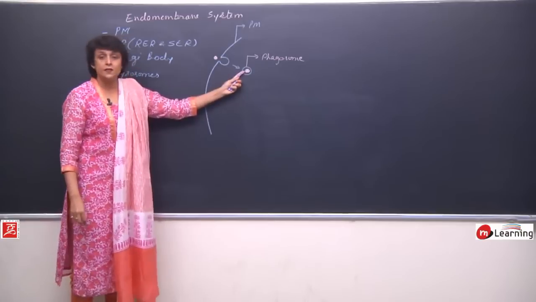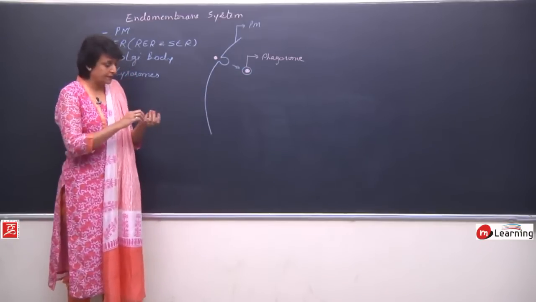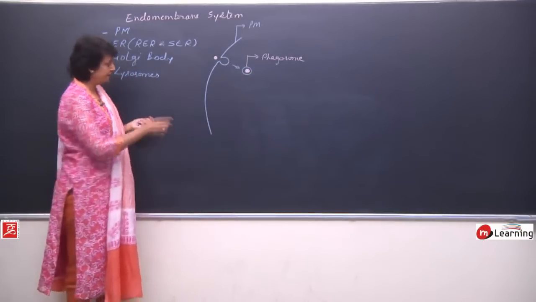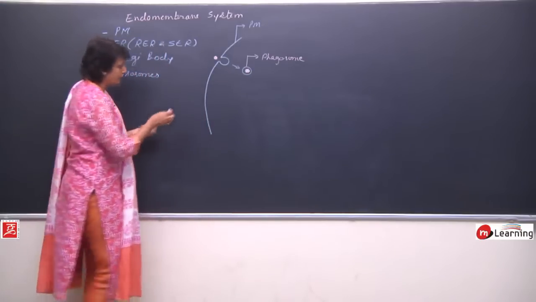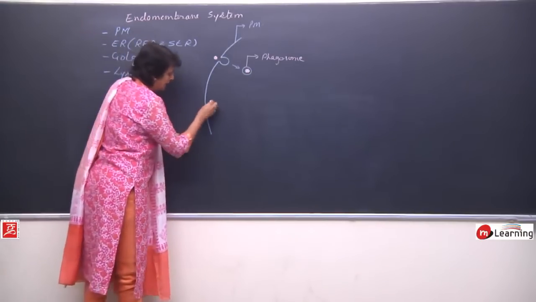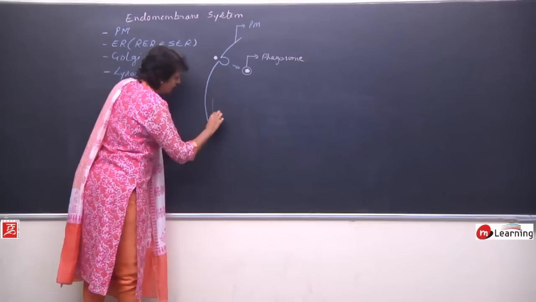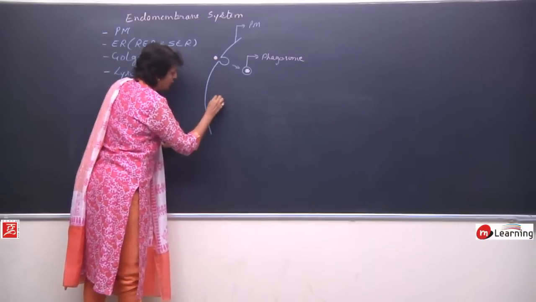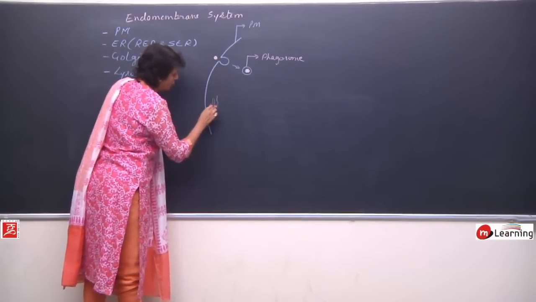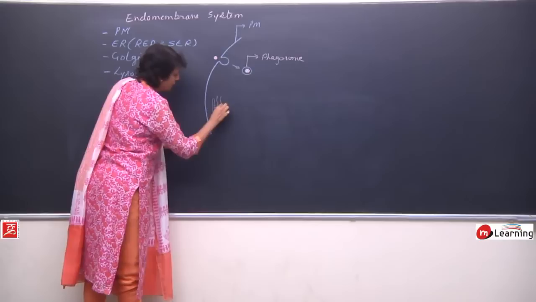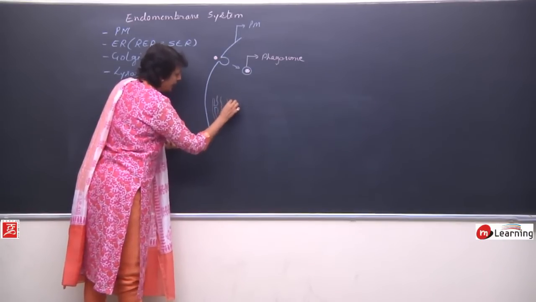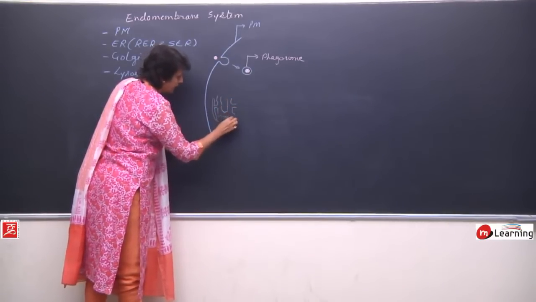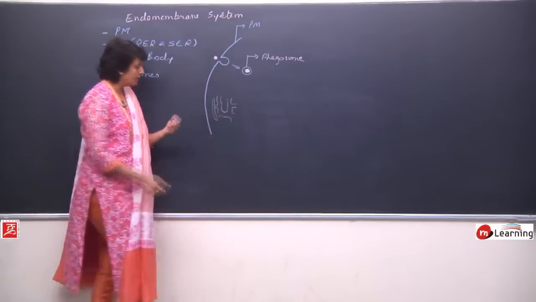Now this food which is inside needs to be digested. How would this be digested? It would be digested by lysosome. How is this lysosome formed? The endoplasmic reticulum, on the outer side, is in the form of tubules which are wider and without ribosomes.